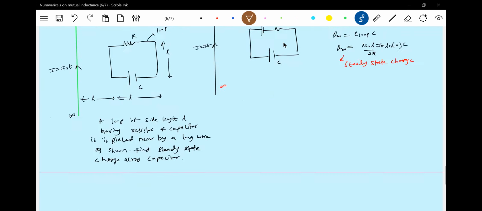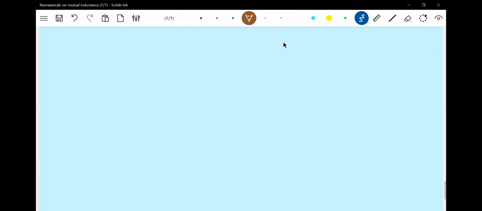Okay, let me introduce an inductor here, then we'll see. That particular loop will have inductance.